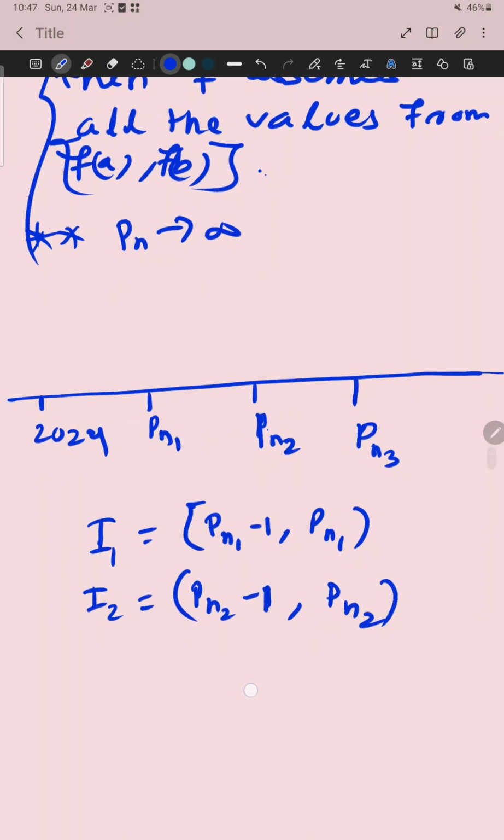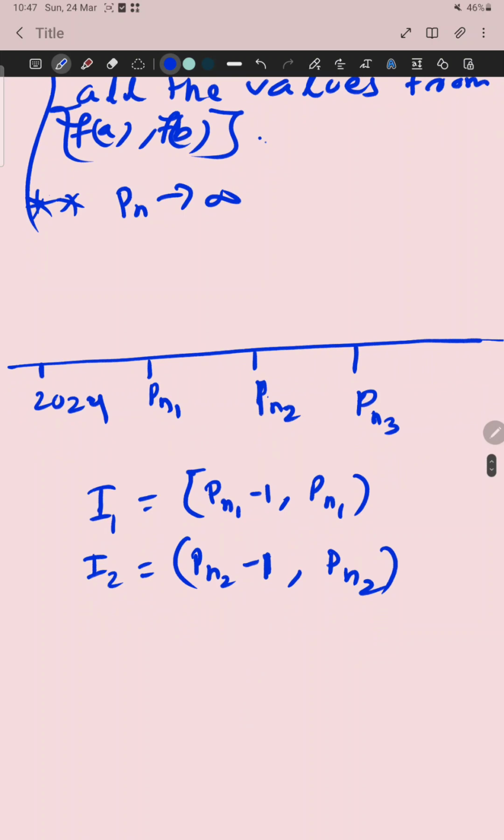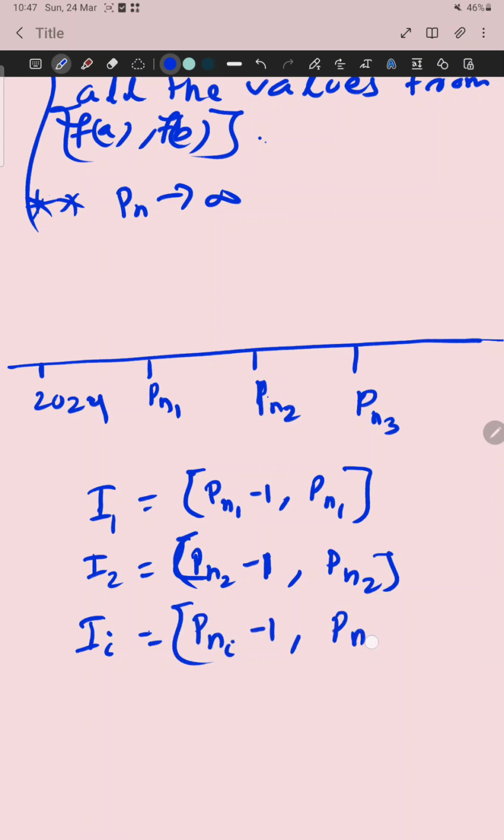Open or closed does not matter, you can give also a closed interval. And I3 is, in general we can write Ii is equal to the closed interval Pni minus 1 comma Pni.